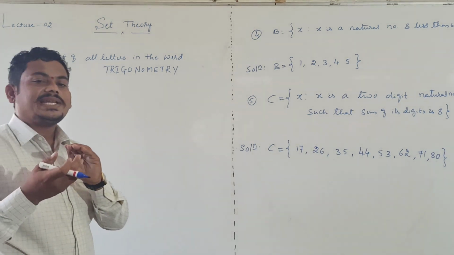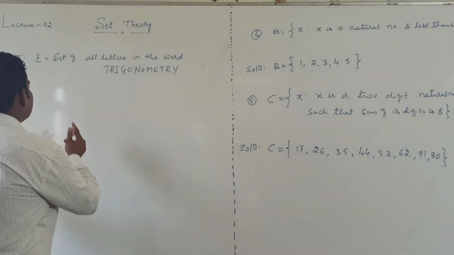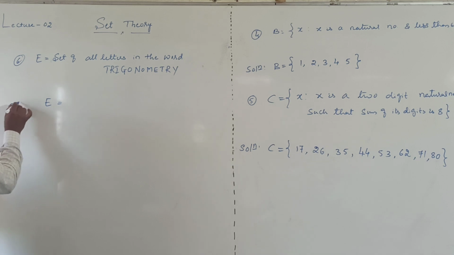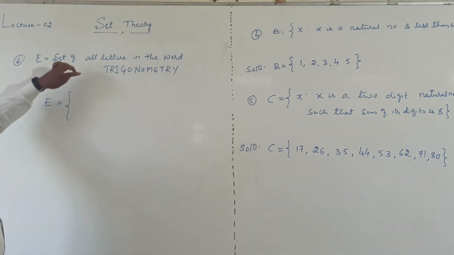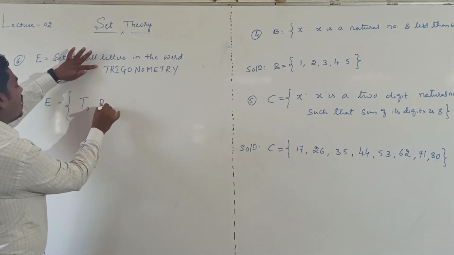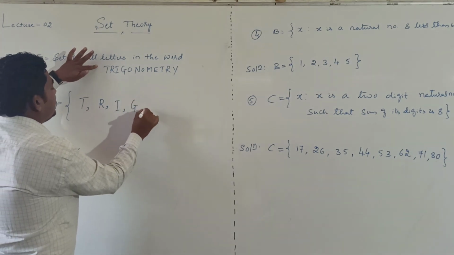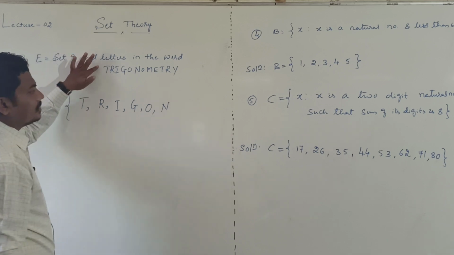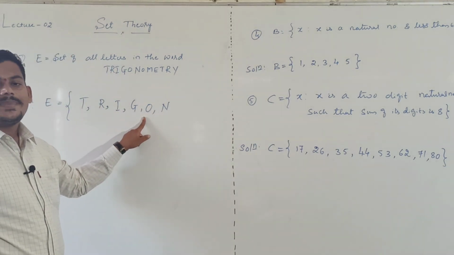Roster form means we list out all the elements of the set only once. Set E in roster form is: set E equal to letters of the word T, R, I, G, O, N. O is already written, don't repeat the elements.